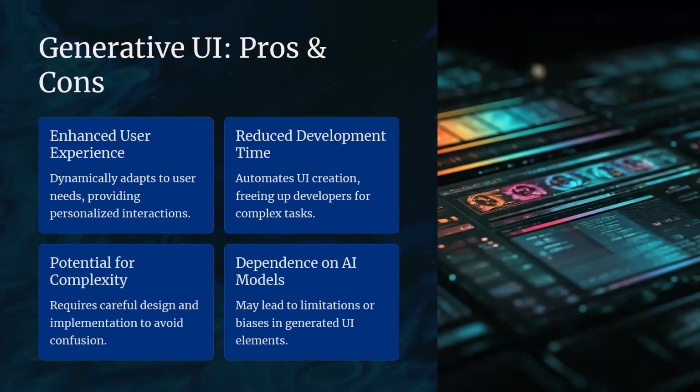So that's how it is. When it comes to pros, there is the user experience and development time, but there are some other parts as well when it comes to the overall application. Apart from that, this is connected with AI, so you have less control.